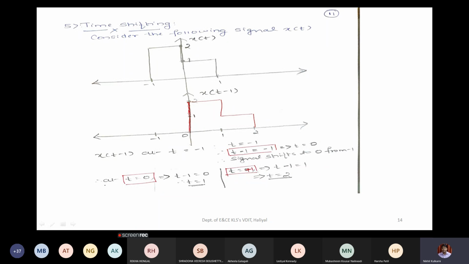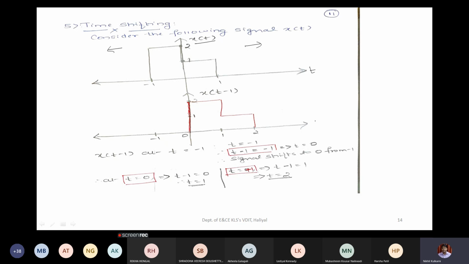For time shifting, you can shift the waveform either to the right side or to the left side. If this is x of t, and I ask you to find x of t minus 1, how to start? You look into the original signal.